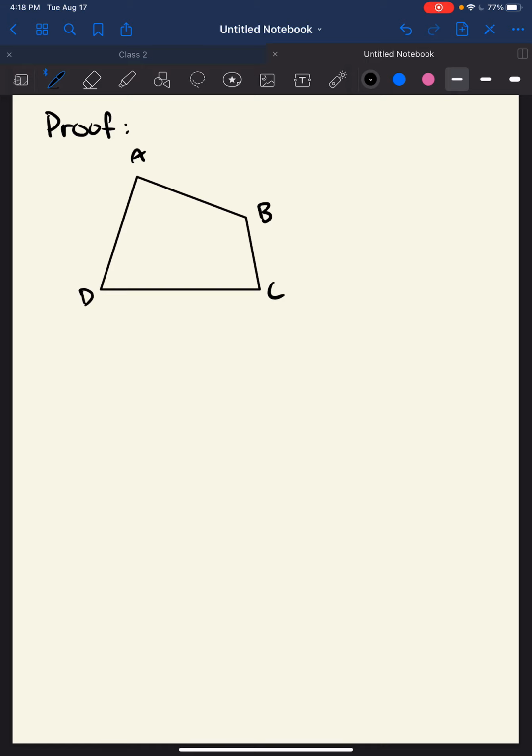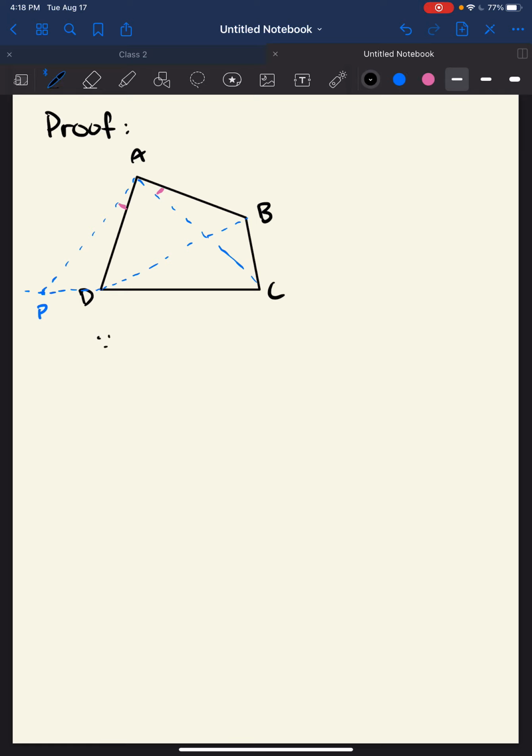And I extend CD to a point P where angle BAC, which is this angle right here, equals angle DAP, which is the angle right here. And last, I'm going to connect D and B.